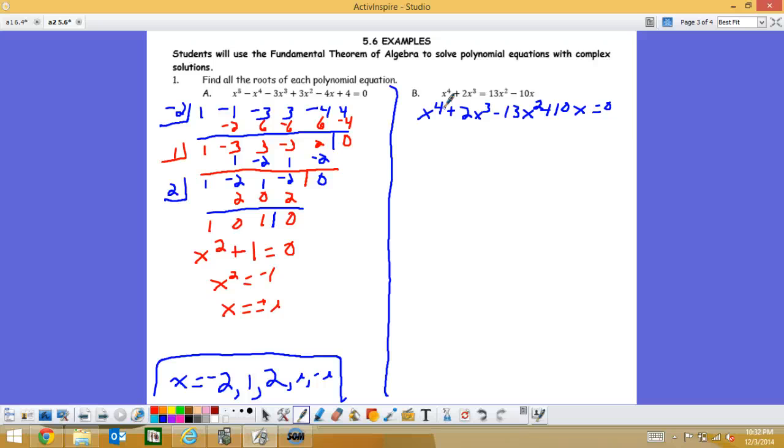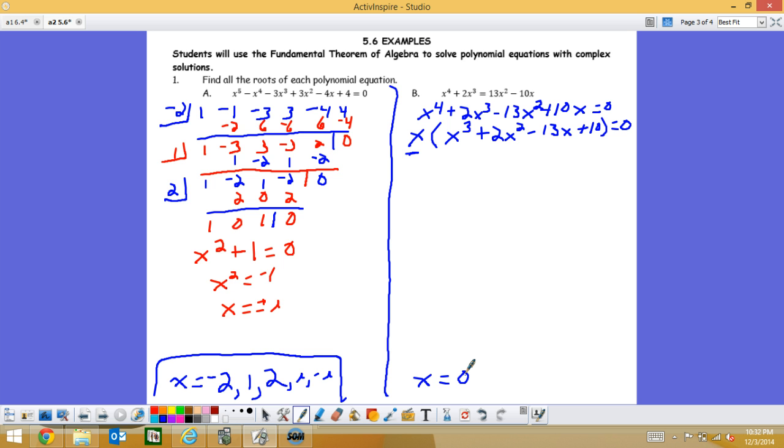Anyway, so the first thing we can do is factor out an x, and we're left with x cubed plus 2x squared minus 13x plus 10. Now, the fact that we have this x here means that one of our roots is 0.